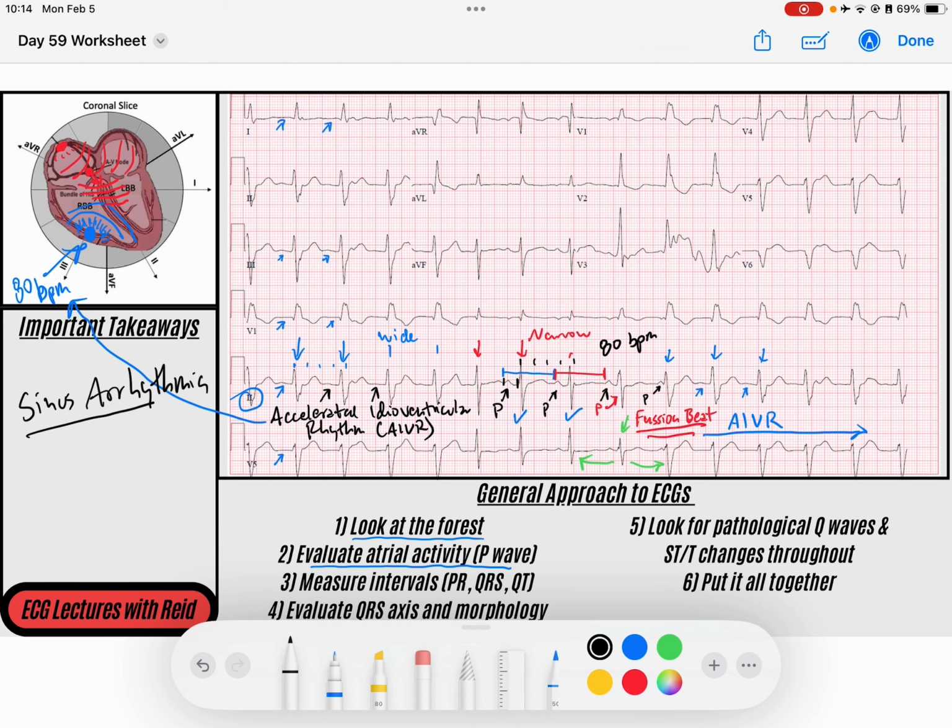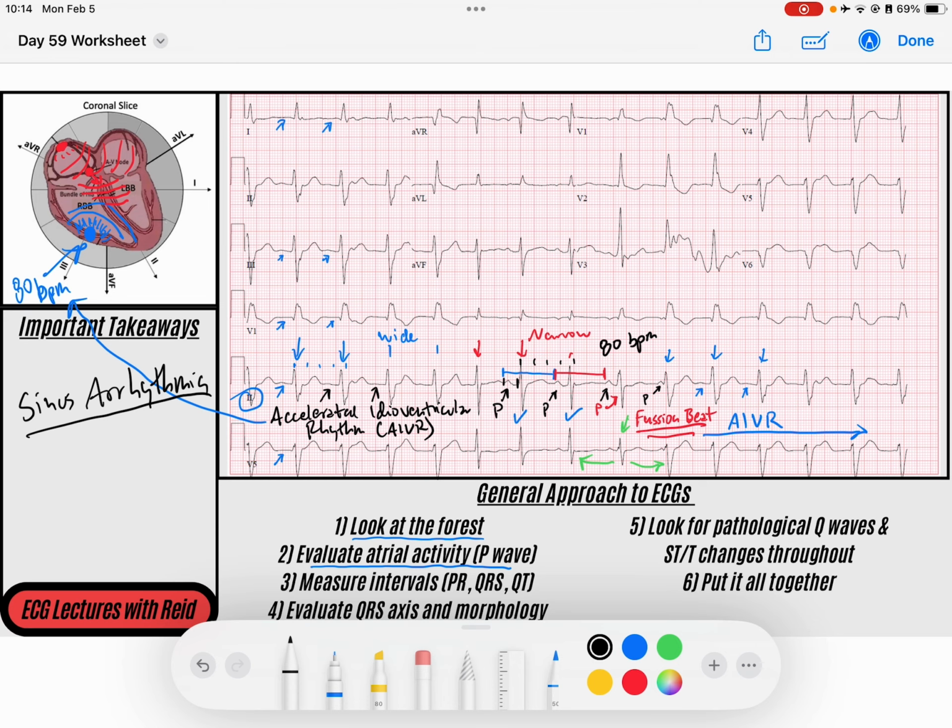Sinus arrhythmia is a change in the heart rate when we inspire and expire, because changes in inspiration and expiration change the pressures in our thoracic cavity. It decreases and increases the blood flow that returns to the heart, and so the heart will actually adjust its heart rate based on the preload, or how much blood it needs to pump in and out.